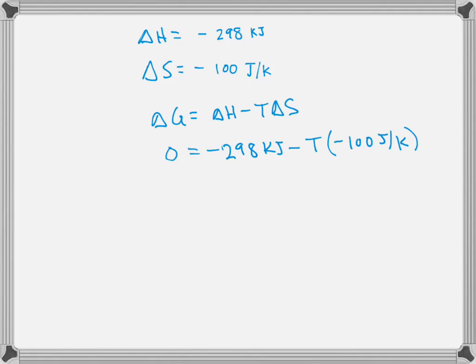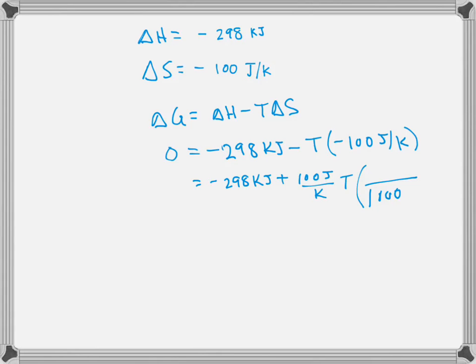Our units aren't matched up appropriately. So we'd have to make sure we go through and do a unit conversion. And I heard the other common error, which is looking at signs. So when you go through to substitute, I would fully substitute in all of the individual signs first, and then go through and try and simplify. Okay, so to me, I would change this to now negative 298 kilojoules plus 100 joules per Kelvin times our temperature times our unit conversion.